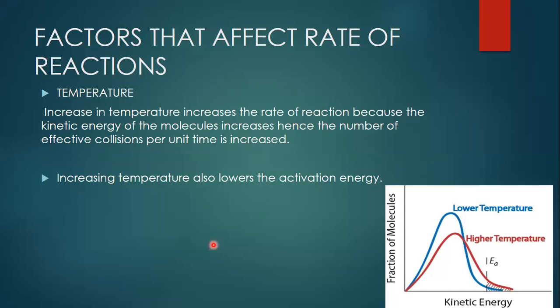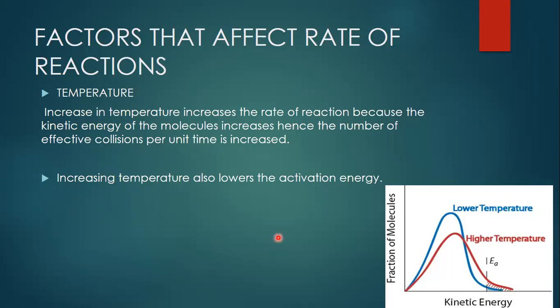As you can guess, whenever we increase temperature, the rate of reaction increases. You observe this in nature all the time. When there is a lot of heat, the reactions tend to happen very, very fast. So back to your cooking scenario, when there is a lot of heat or there is high temperature, you're able to finish cooking fast.